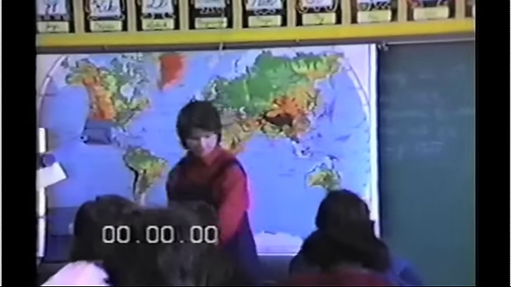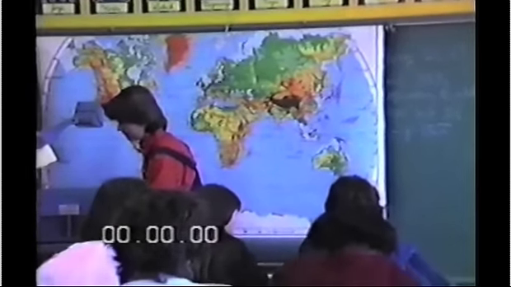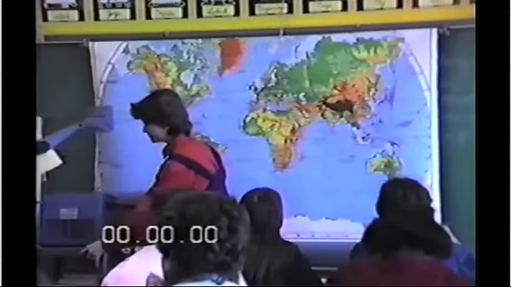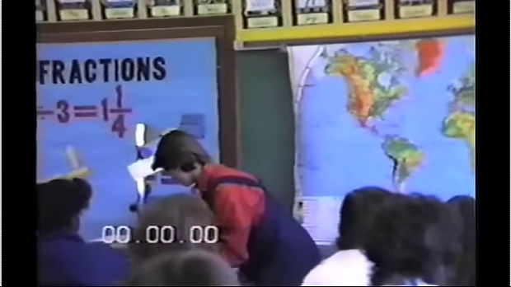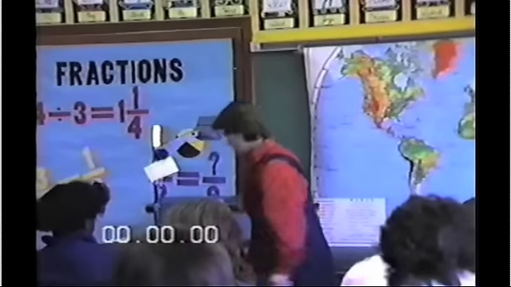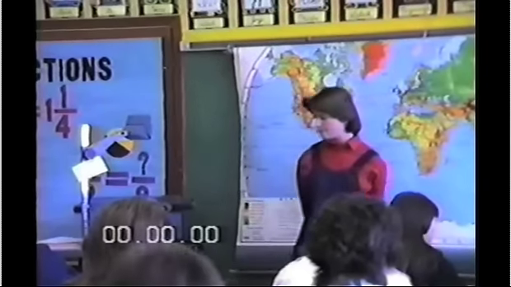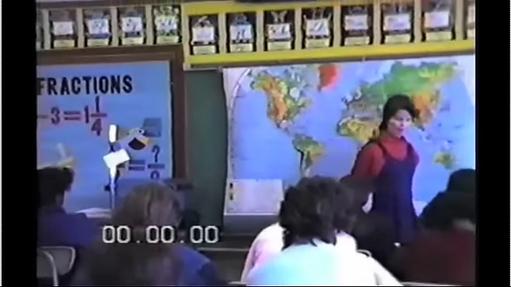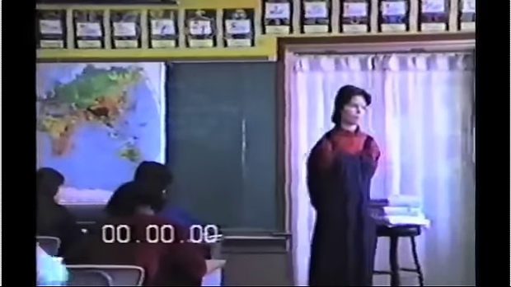India would be in the southern part of Asia. India is on the very far right-hand side of your map, and it's that little triangle that's sort of sticking down in green off of Asia.